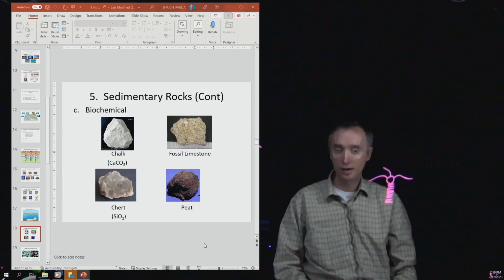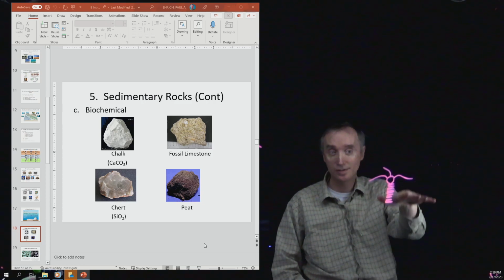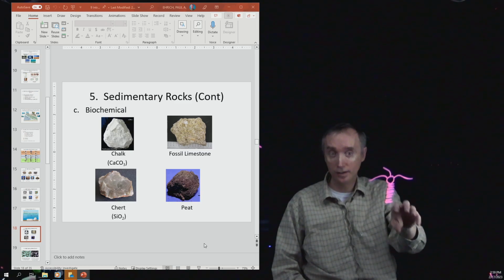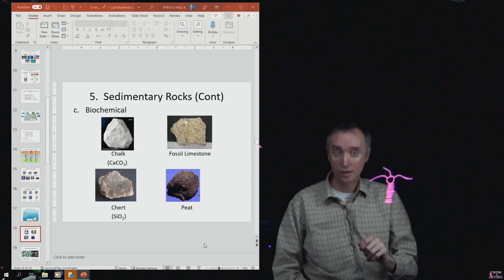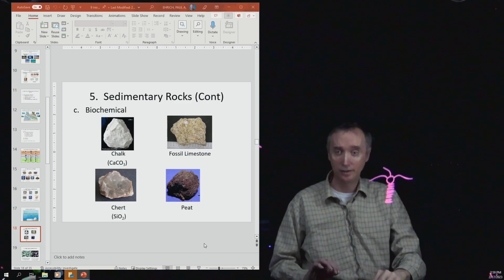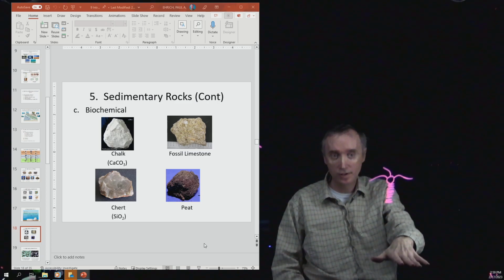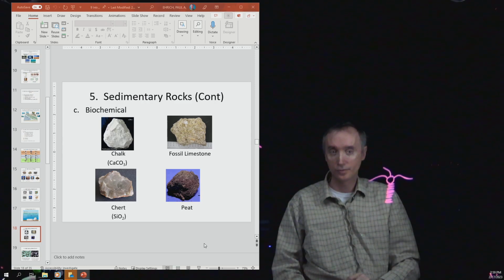Now there's another kind of chert that can be created the same way that you make limestone. Limestone can be precipitated directly out of the ocean water. Chert can be the same thing. So if the ocean water has too much silica in it, then it can precipitate down, and you can make layers of chert as a result of that.